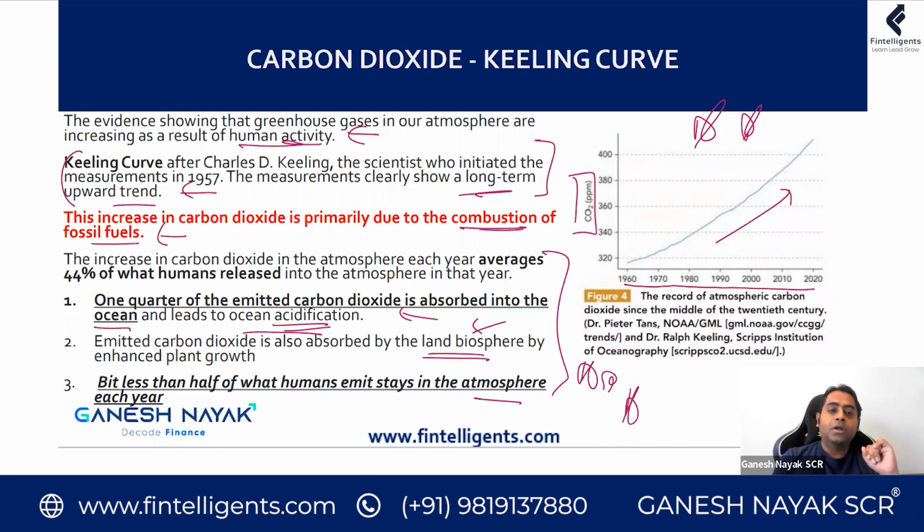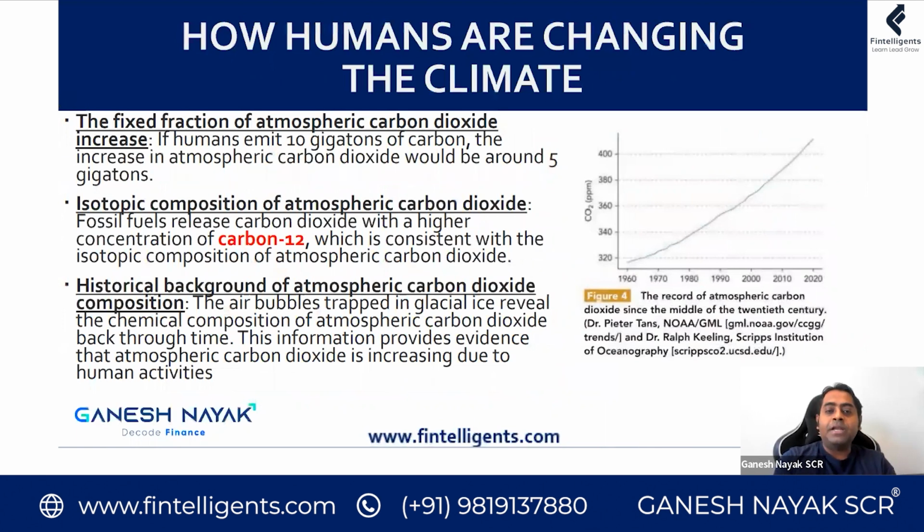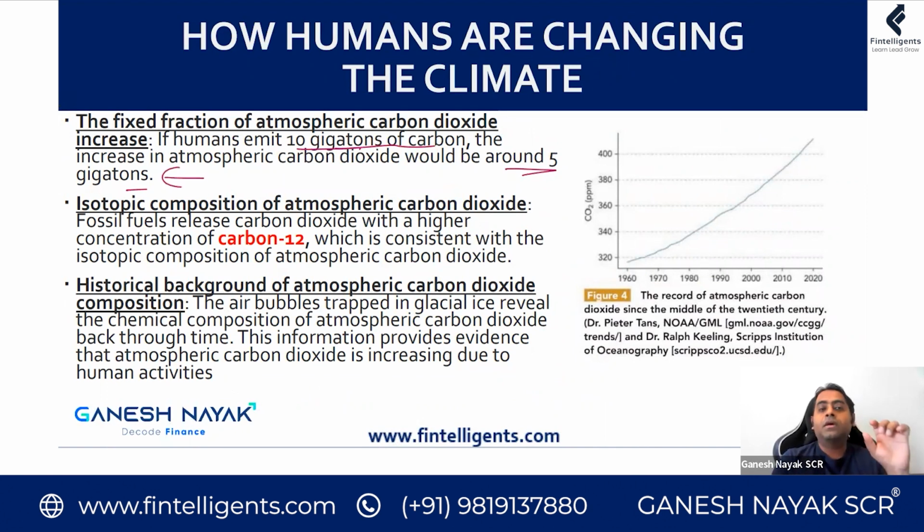Let us move forward. Suppose we are emitting around 10 gigatons of carbon every year; then almost 5 gigatons will remain in the atmosphere. So we can see that if we look at the total emission of carbon over a period of time and compare it with the carbon available in the atmosphere, out of the total, 50% is still there in the environment.